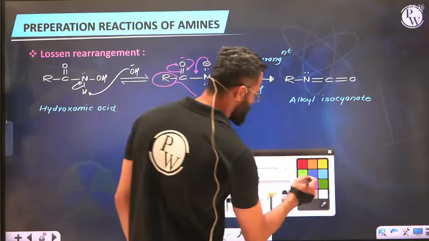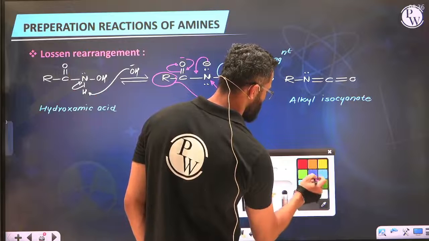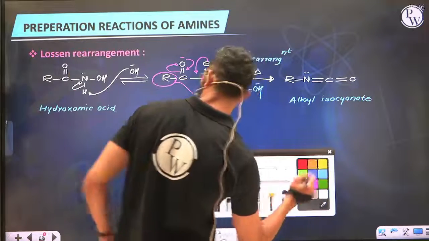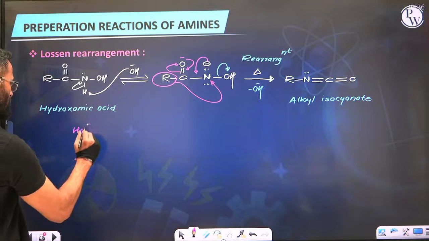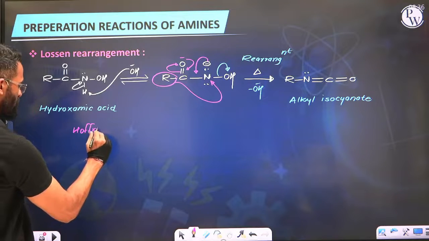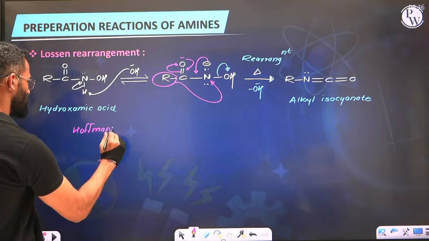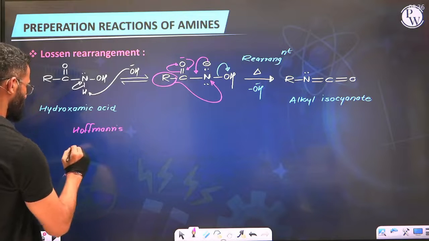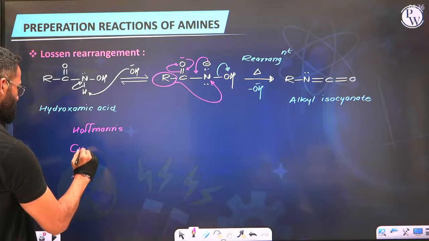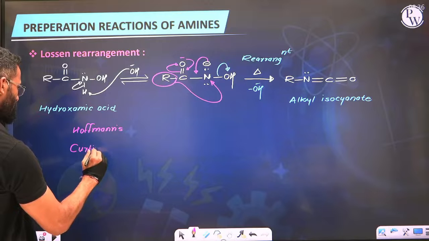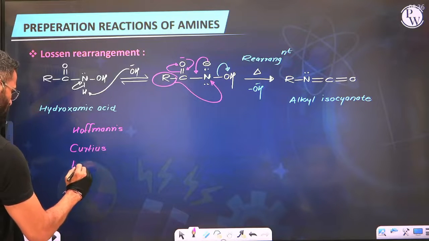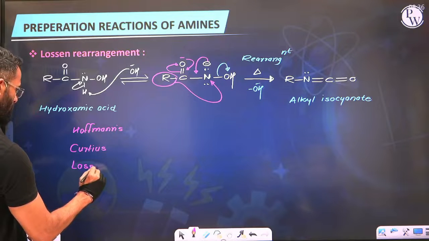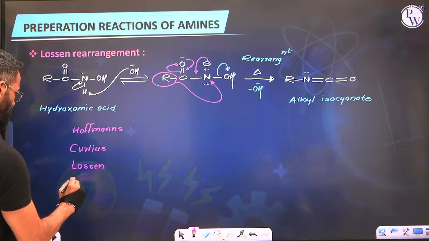Now we know the fact that all these four reactions are, okay, look here everyone, first one is Hofmann's, second is Curtius, third is Lossen, fourth is Schmidt.